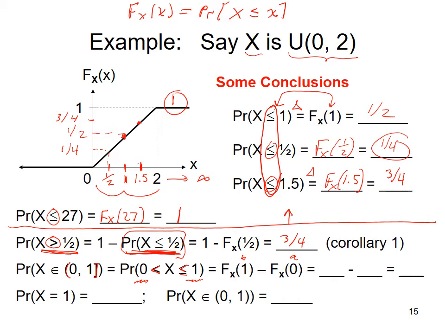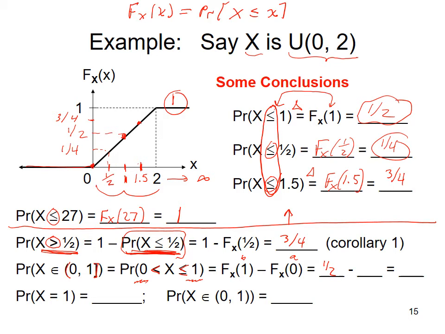Okay, so x was between a and b, where a is 0 and b is 1. So Fx of b minus Fx of a, in this case, becomes Fx of 1 minus Fx of 0. Well, Fx of 1 we computed, and we had 1/2. Right, that was from up here. Fx of 0, well, we didn't compute that, but here it is.